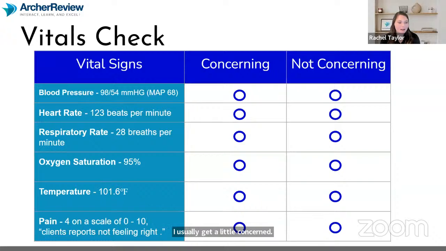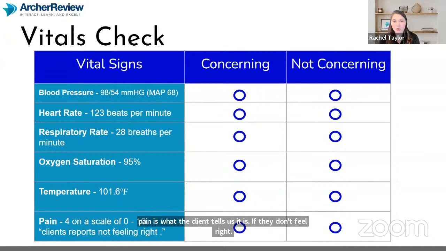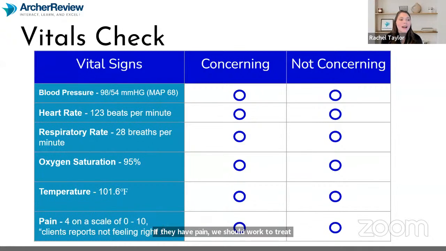Now, pain 4 on a scale of 0 to 10, I know a 4 doesn't sound horrible, but pain is what the client tells us it is. If they don't feel right, if they have pain, we should work to treat that pain to whatever goal they feel is appropriate. So if this client were to tell me my normal pain is a 0 and I'm now at a 4, then I'm concerned.